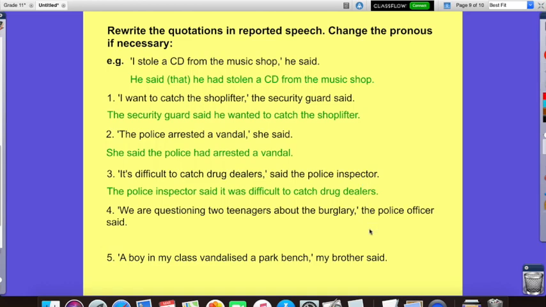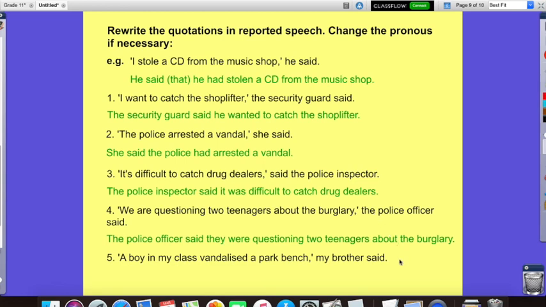Next one. We are questioning two teenagers about the burglary, the police officer said. The correct answer is the police officer said they were questioning two teenagers about the burglary.